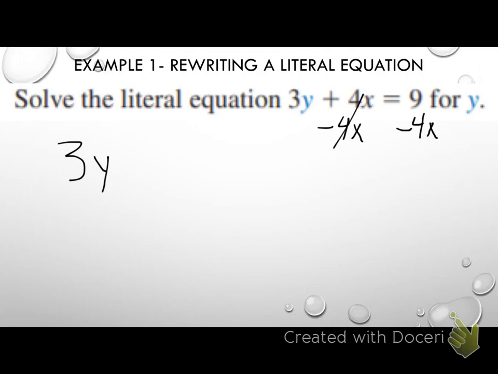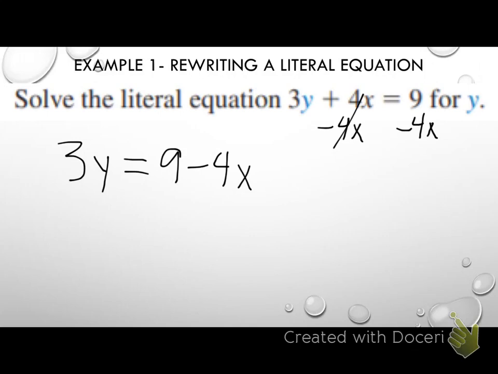So can I combine those? No. I can't combine them. So I'm just going to write it as 9 minus 4x. Does that make sense? If I was able to combine them, I would. Since I can't, I'm just going to write it out like it is. 9 minus 4x. Any questions on that?